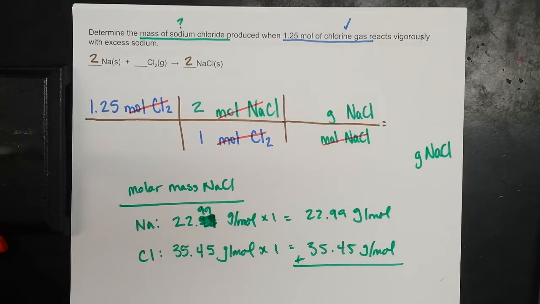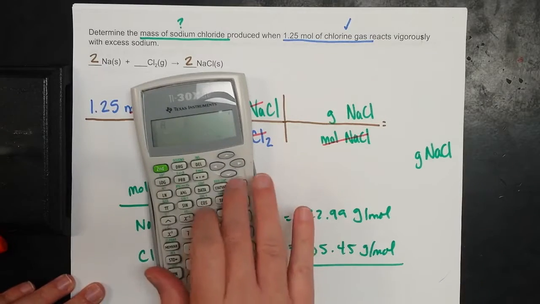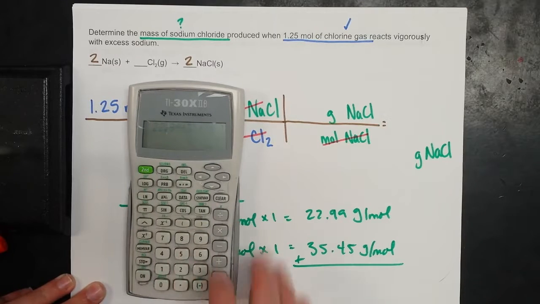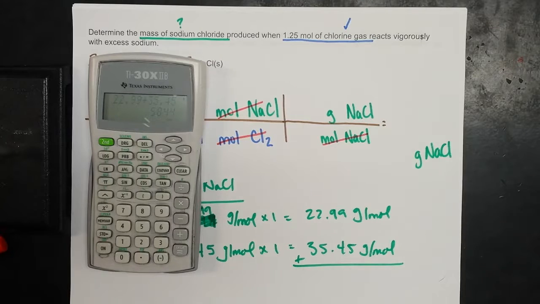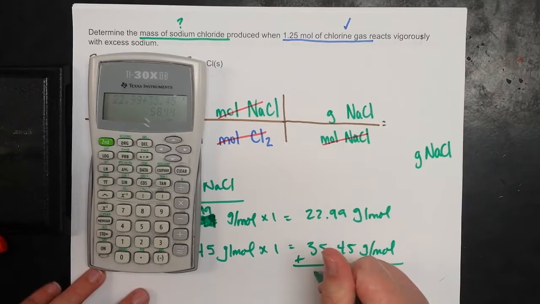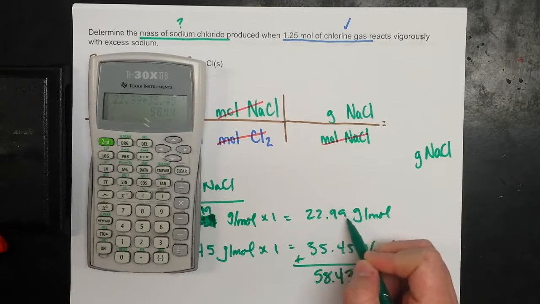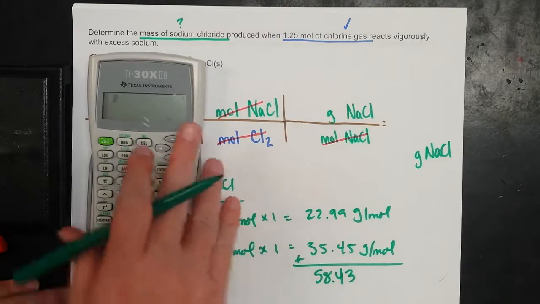So this is a Sunday, so I'm not going to do mental math right now. And yes, that makes a lot of sense, 58.44. A lot of times you'll get 58.43. Doesn't really change your answer much. You would have gotten 58.43 if you kept that rounded to 98, which is what I usually do.